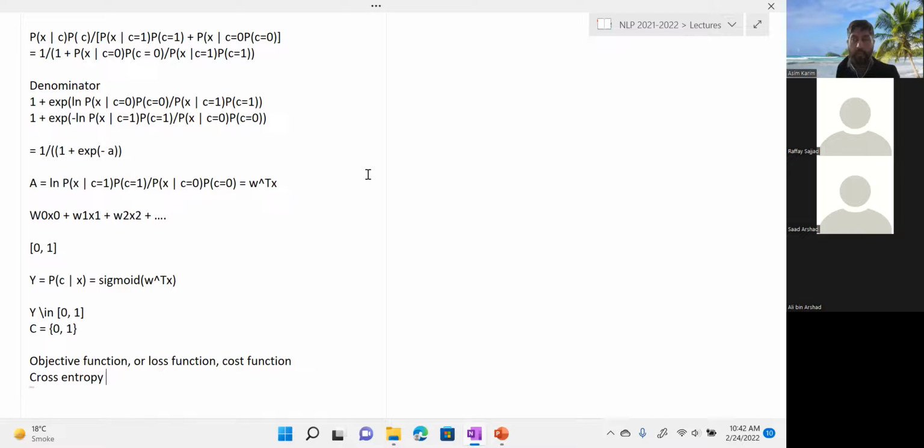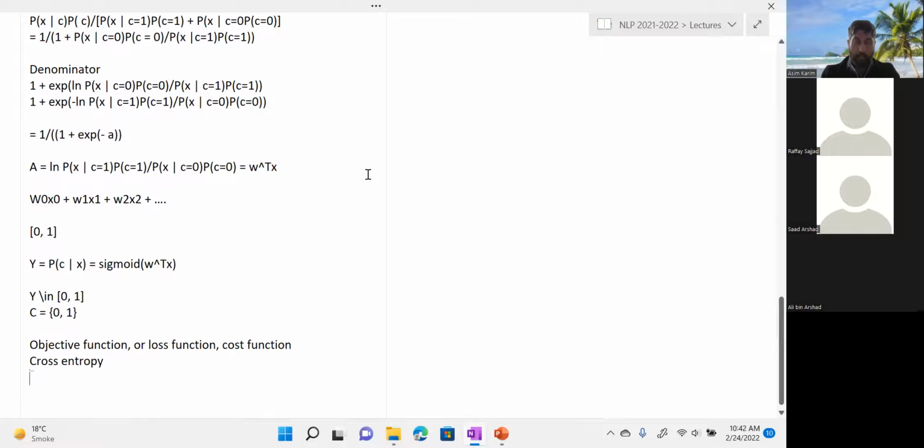So our loss function, which we can call L, a function of the parameter W, is basically the cross entropy between C and Y over the training data.